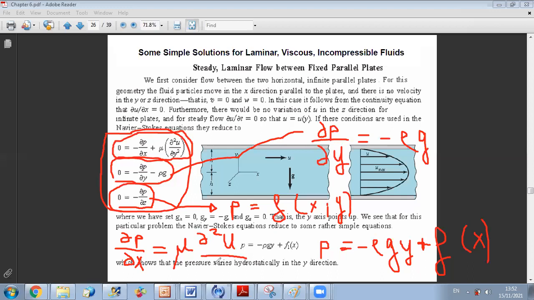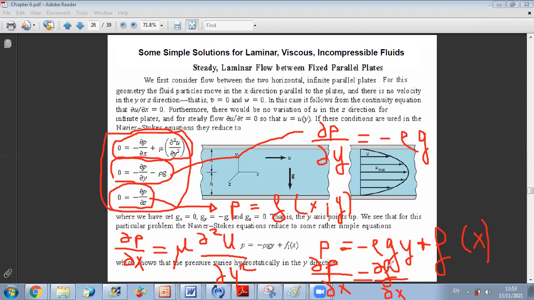Now, if I use the expression of P developed here, P is minus rho gy plus f of x. So if I derive with respect to x, del P by del x, what do I get? First, since this is a function of y, the derivative with respect to x is 0. And I just have then del f by del x, where f is only a function of x.